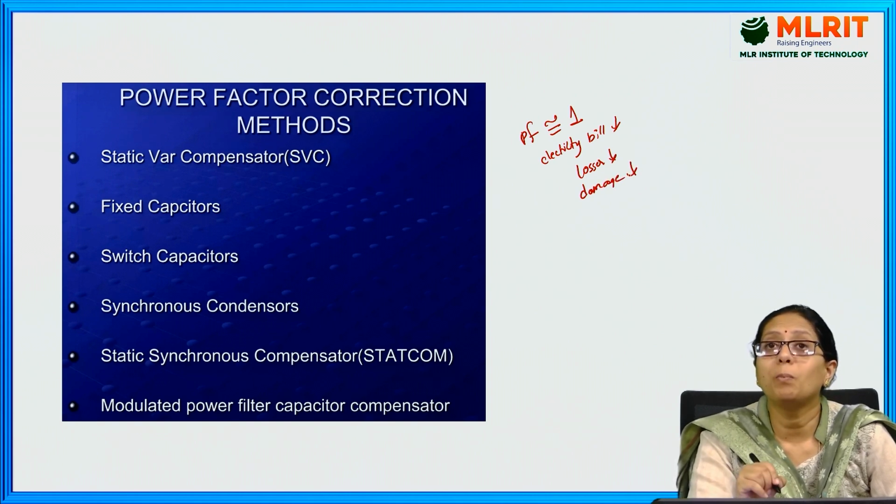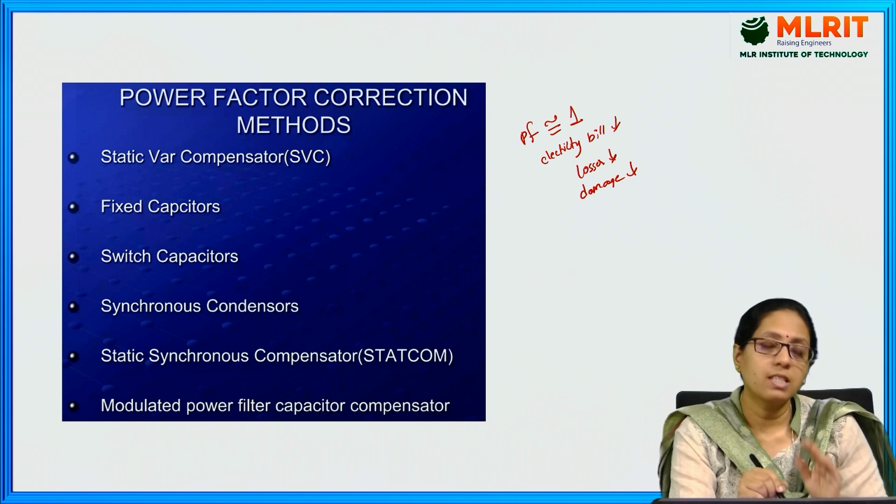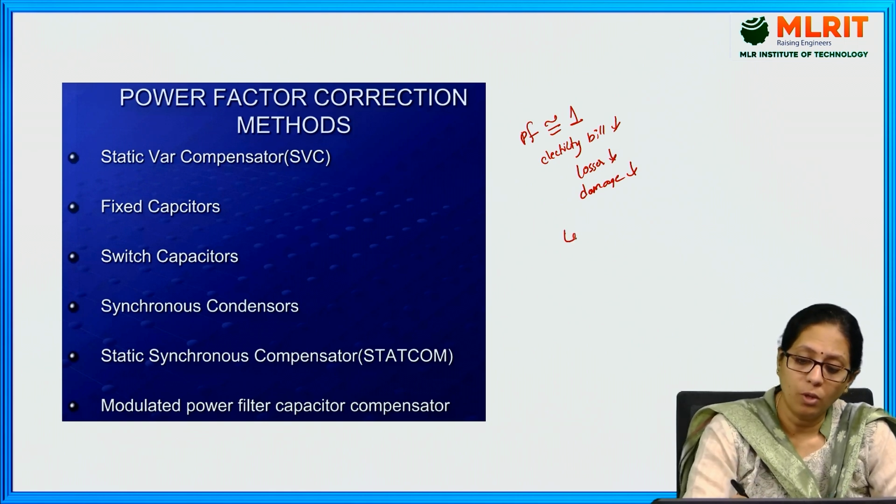So in order to make the power factor unity or 1, we use different types of compensators. In these compensators, we will mostly be using capacitors, which are connected in parallel to the load.